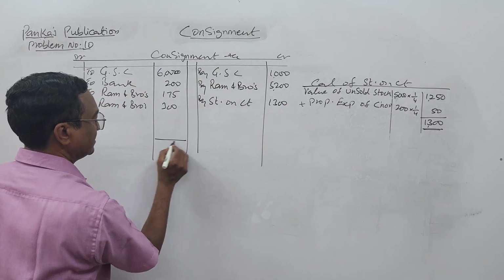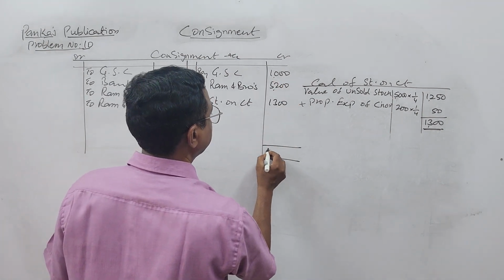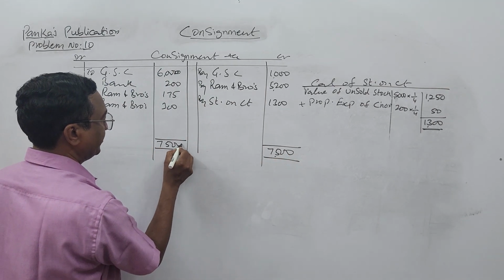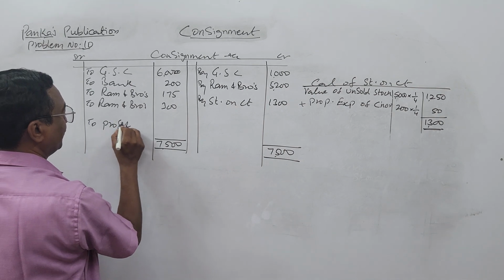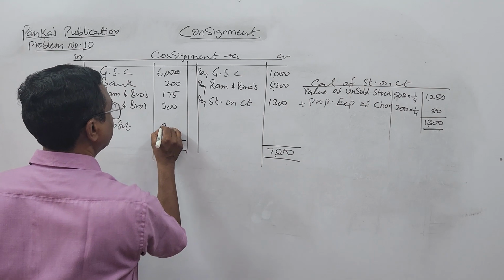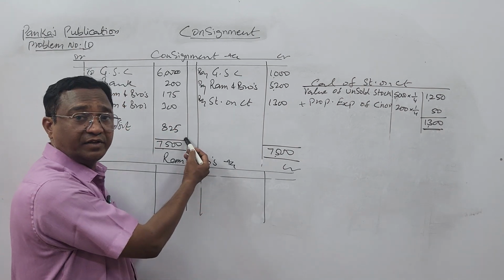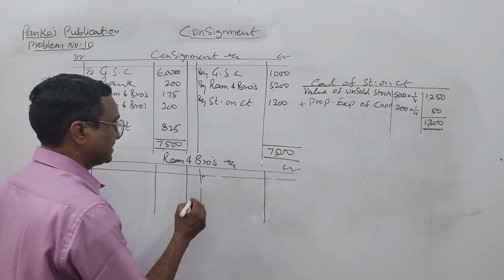Now balance this account. Total comes to 7,500. 7,500 minus this, you get the balancing figure as profit. The balancing figure is 825.